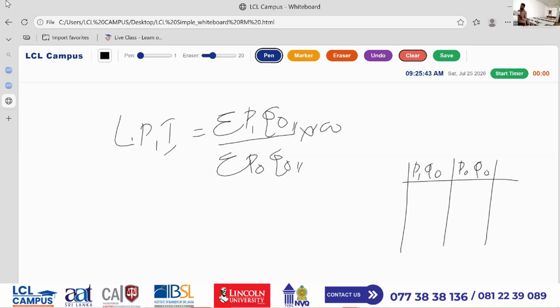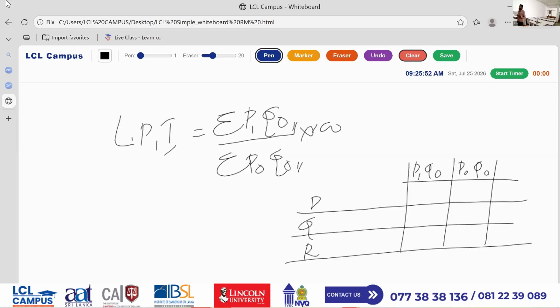The three items are P, Q, R. For P, P1 is 175 and Q naught is 8, so 175 into 8 is 1400. Next, 125 into 15 is 1875.